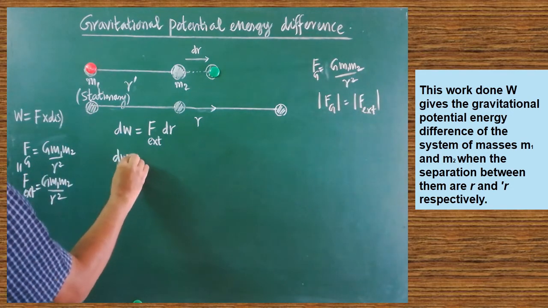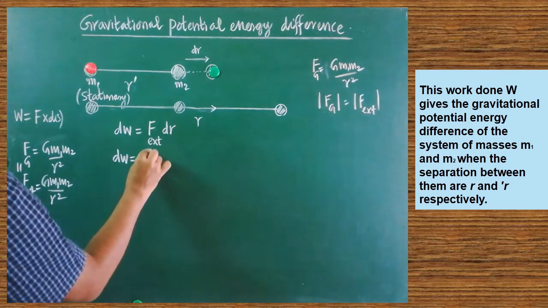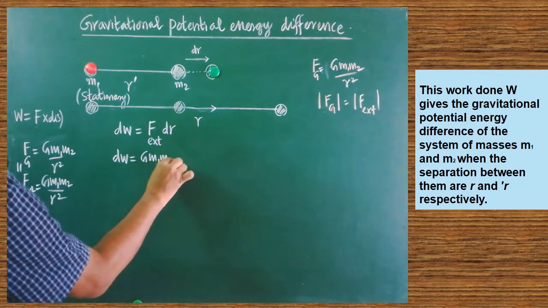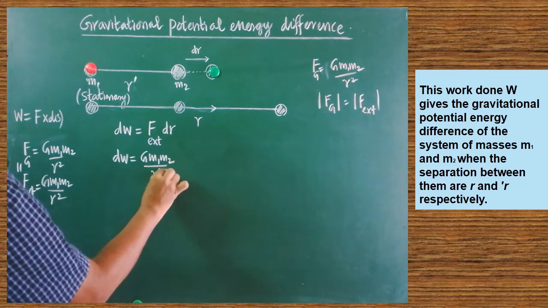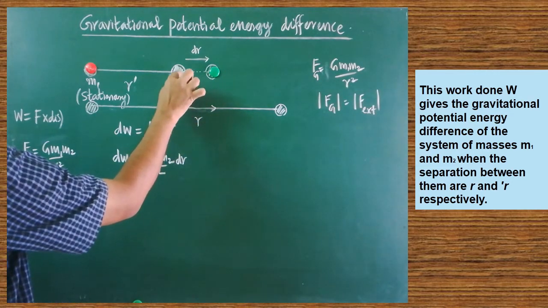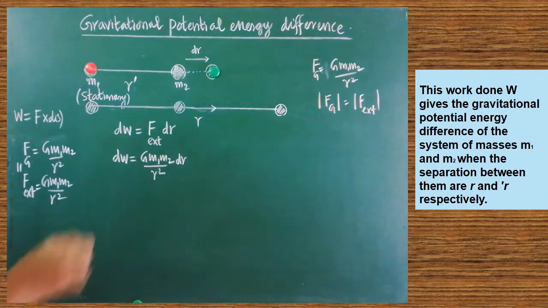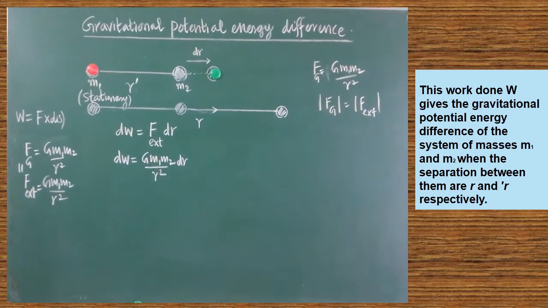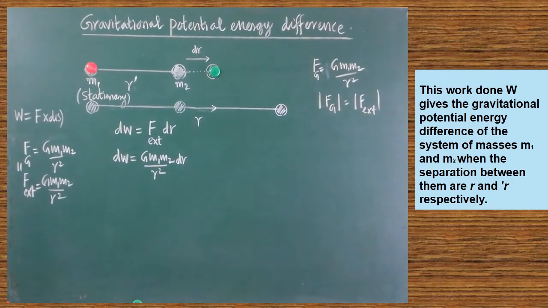So dW is equal to F external. Instead of that, substitute G m1 m2 divided by r square, times dr. Why is dr written? Because the object m2 is moved a distance of dr. Okay.